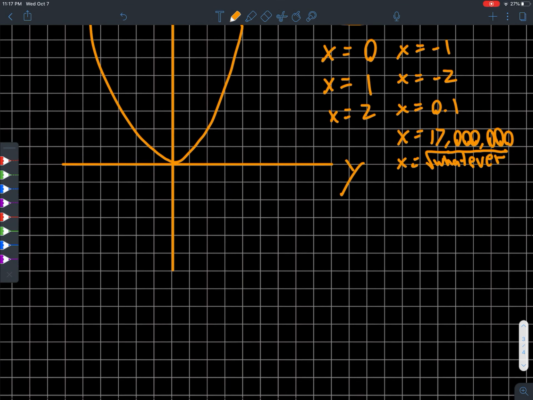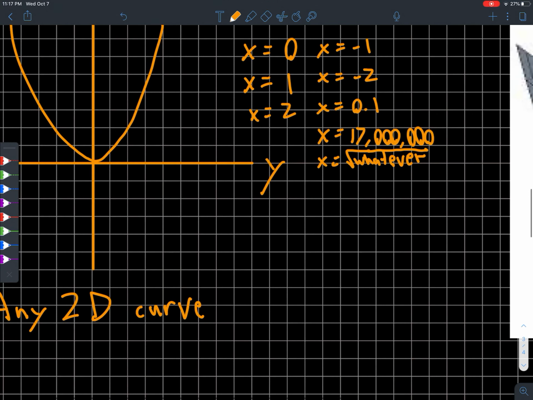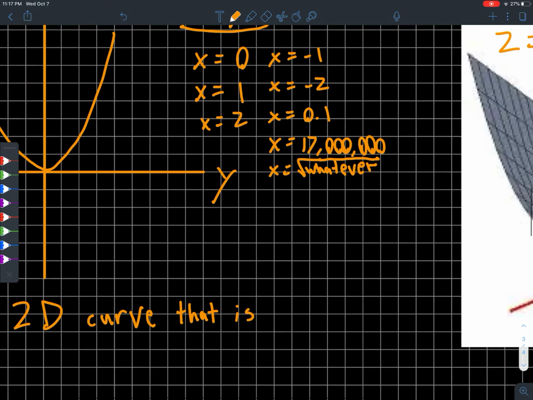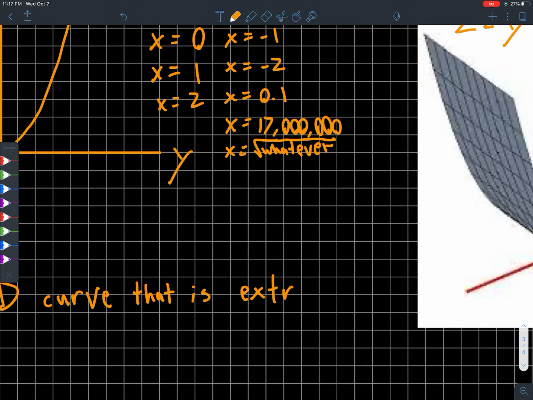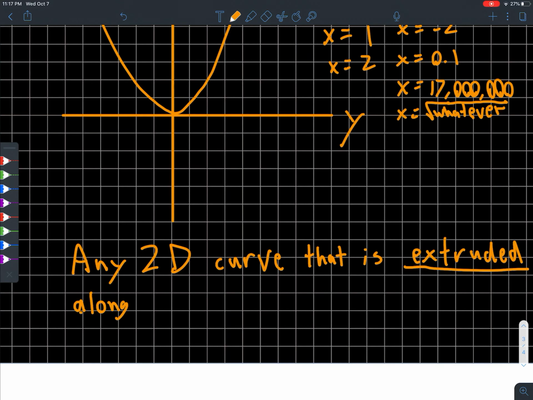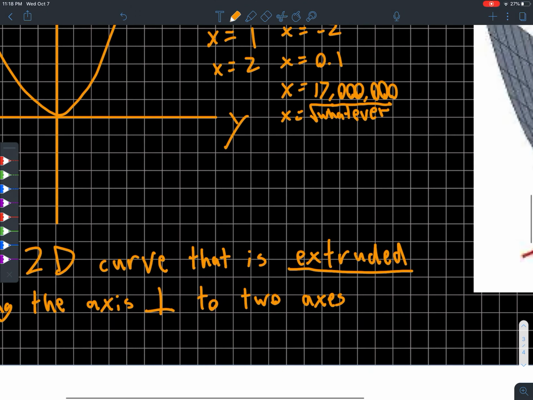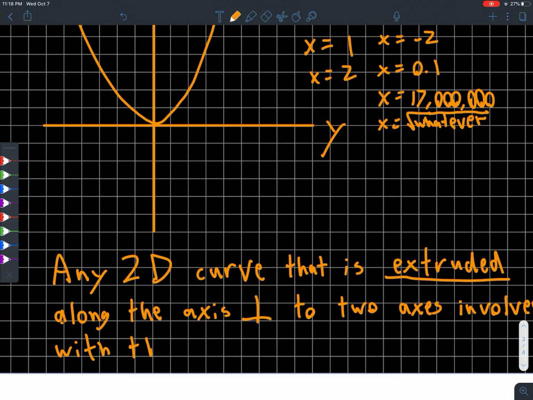So we can define a cylindrical surface as any 2D curve that is extruded along the axis perpendicular to the two axes involved with the curve.